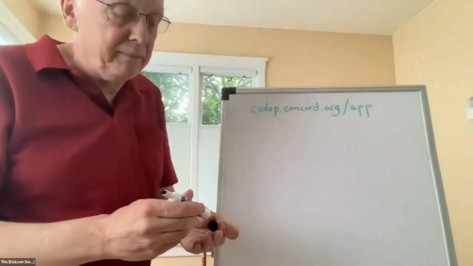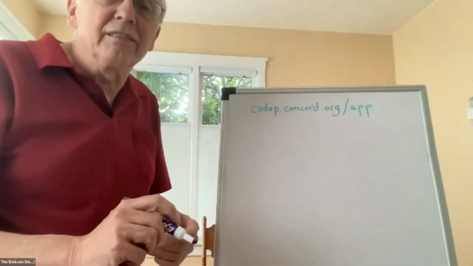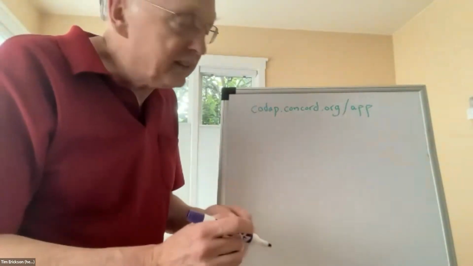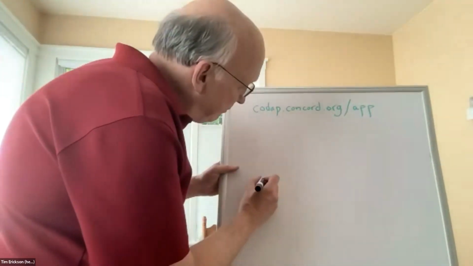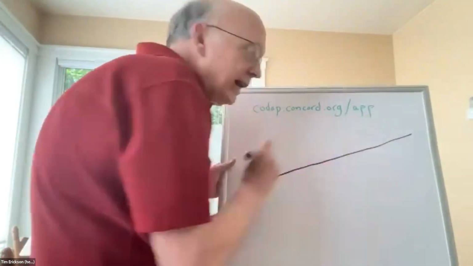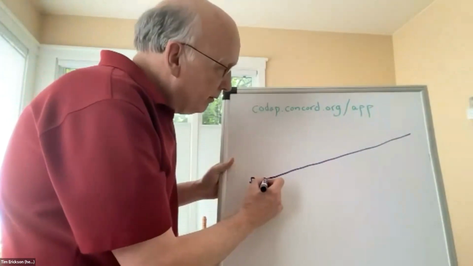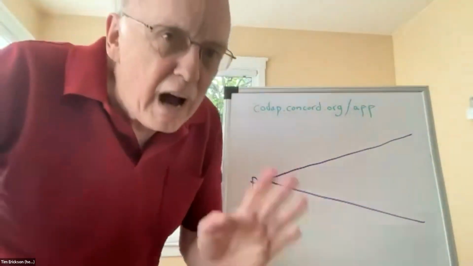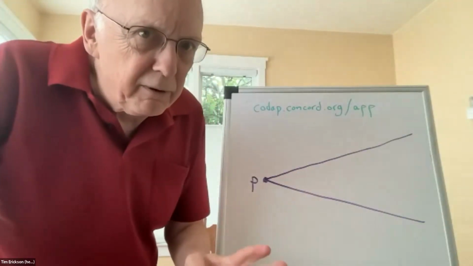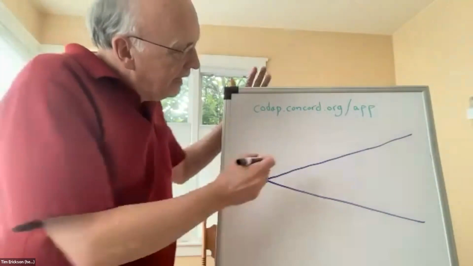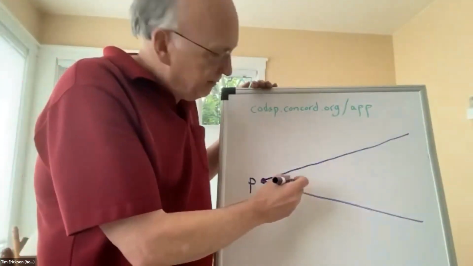But meanwhile, I'm going to copy out of the book a geometrical context. I'm going to start with a point P, and I'm going to draw a ray going this direction. I'm going to draw a ray going this direction. So I've got 2 rays. It does not matter what the angle is between the rays. And now I'm going to connect the 2 rays with line segments.